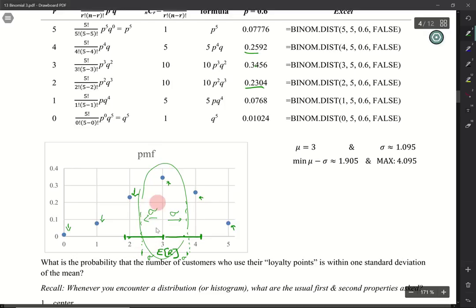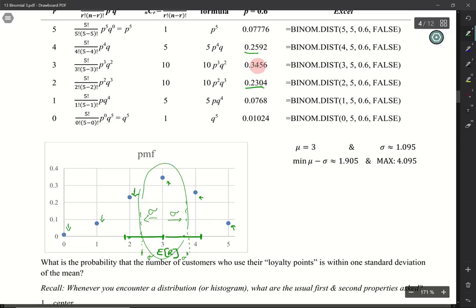The expected value is 3, but the likelihood of that is really only 1/3 of the time. So now if you extend that to one standard deviation below and one standard deviation above, that is going to capture like 80%.